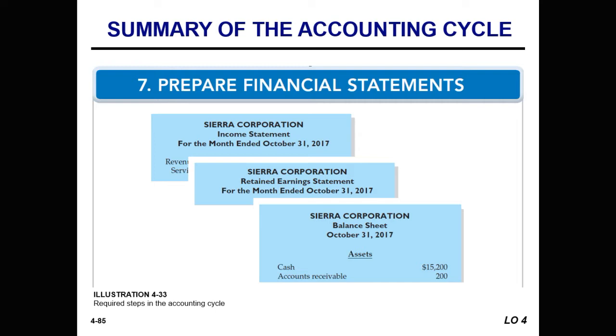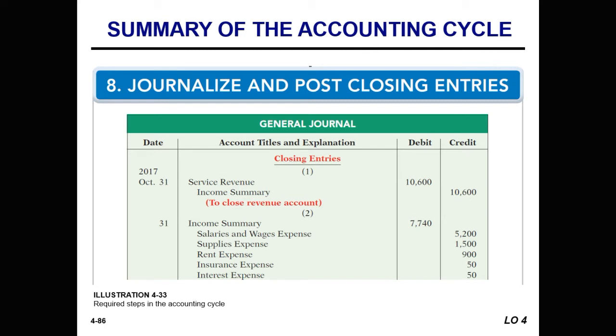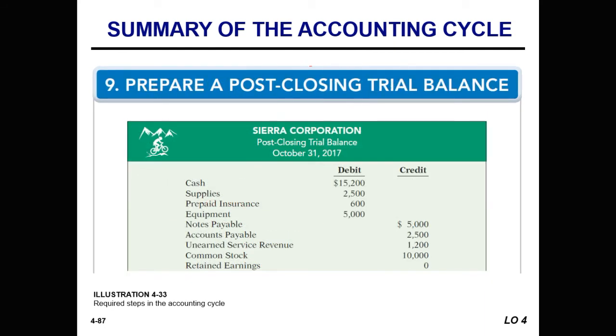After the financial statements have been made, we journalize and post the closing entries, closing out the temporary accounts of revenues and expenses to the income summary account, and then closing the income summary account and the dividends account to the retained earnings account. To ensure that we have completed all of our closing entries, and as a last check, we prepare a post-closing trial balance.